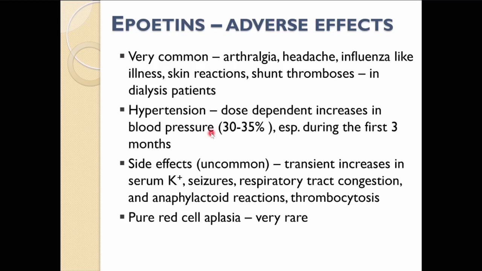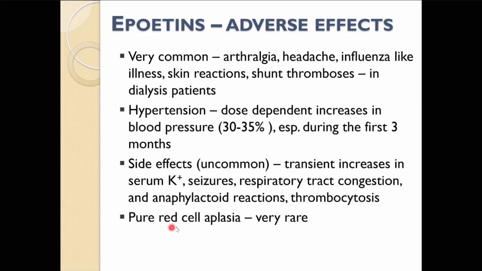Then uncommon things, it can increase the potassium levels, cause seizures, can cause anaphylactoid reactions, and very rarely it can even lead to pure red cell aplasia. That is, what happens is you start them on erythropoietin, you see them responding, you see the hemoglobin going up, but suddenly either that response stops, or the hemoglobin suddenly starts to drop again.